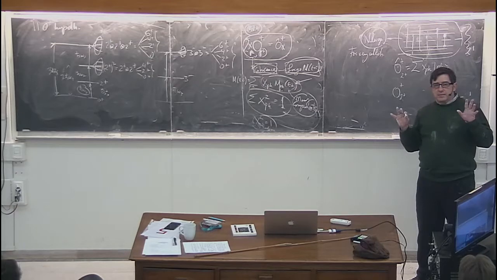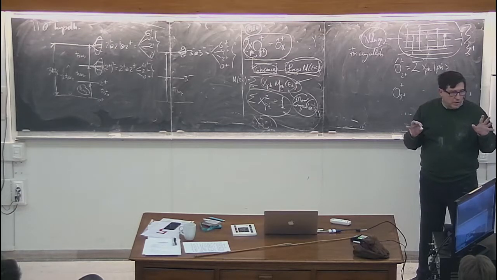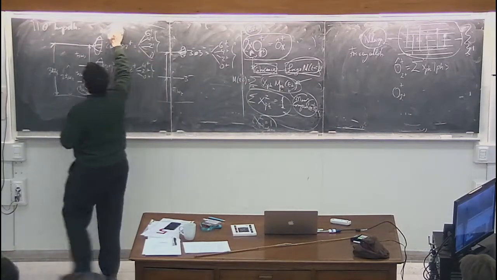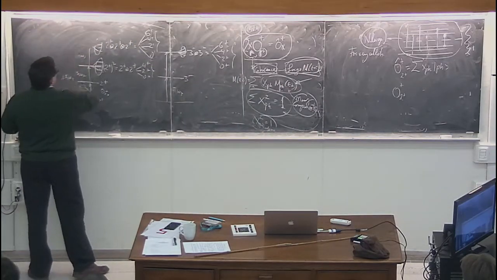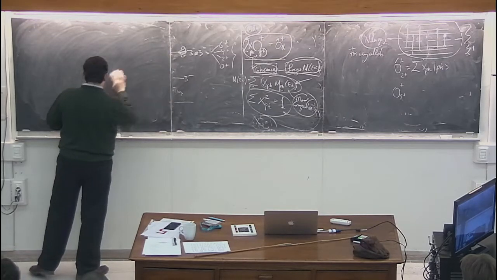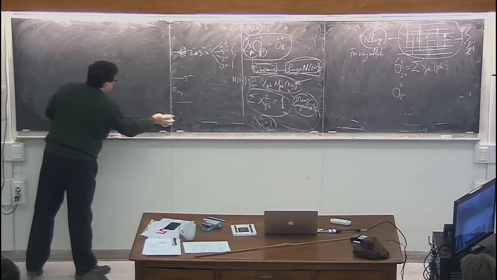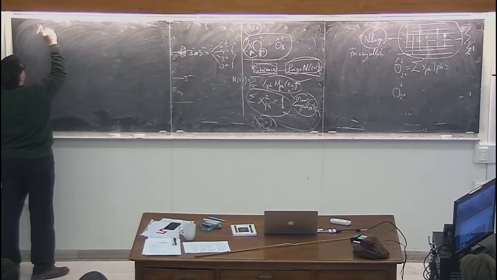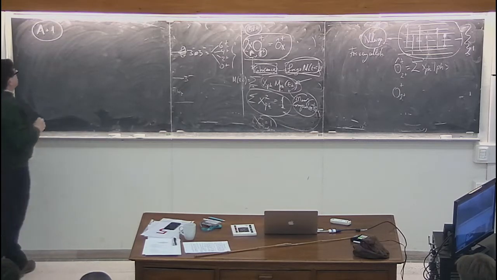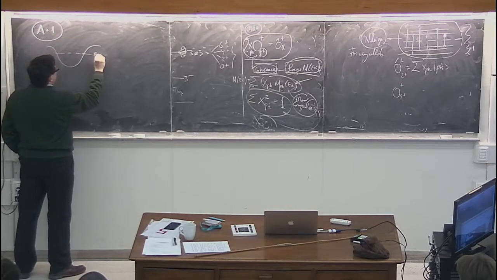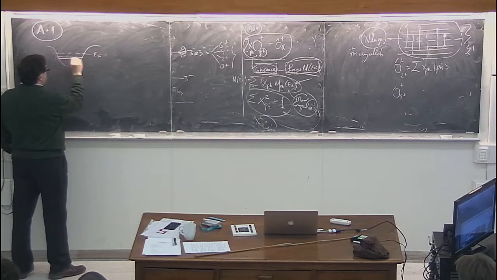And the idea when we go to the A+1 system is that on top of the reference system that I was saying before, in the example of calcium, of carbon 12, on top of this reference state or reference system, we add a new particle, for example, a new neutron.